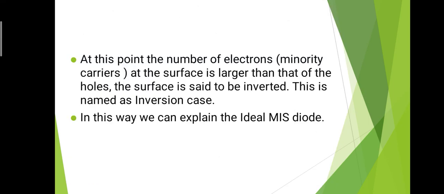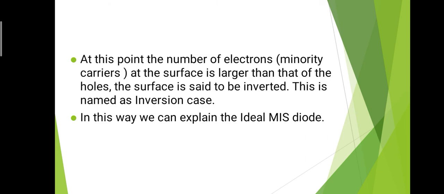At this point the number of electrons, that is the minority carriers at the surface, is larger than that of the holes. The surface is said to be inverted. This is named the inversion case. That means at that particular point the number of electrons, these are the minority carriers in the p-type semiconductor material, at the surface is larger than that of the holes.